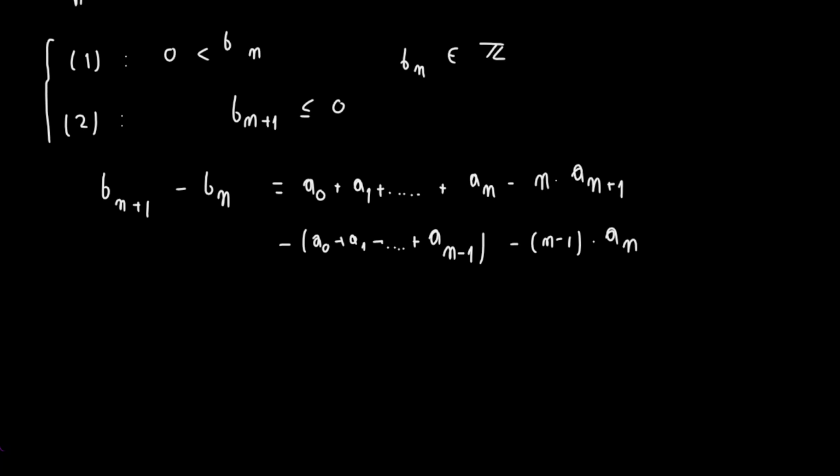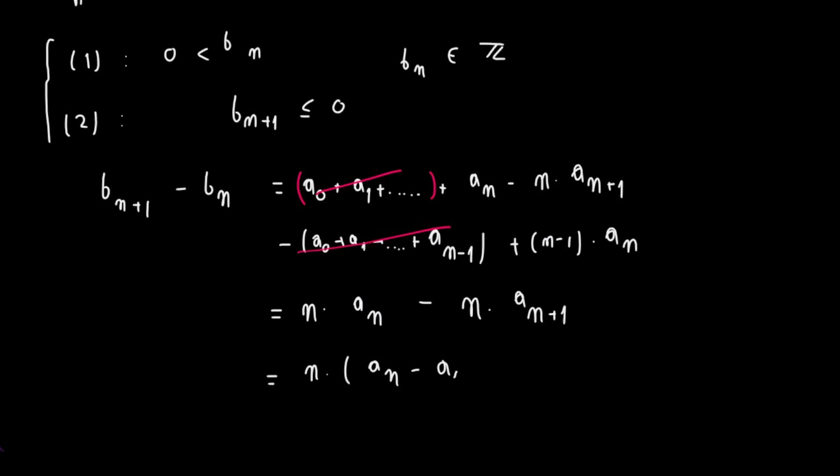Here, these terms will be reduced, and what I'm going to have is n times a_n minus n times a_{n+1}, which is n times (a_n minus a_{n+1}), which is smaller than 0.